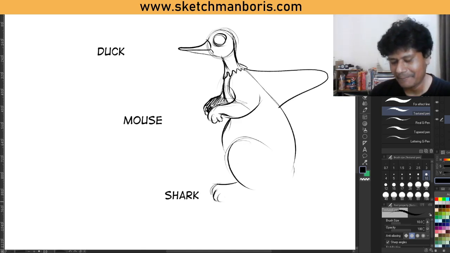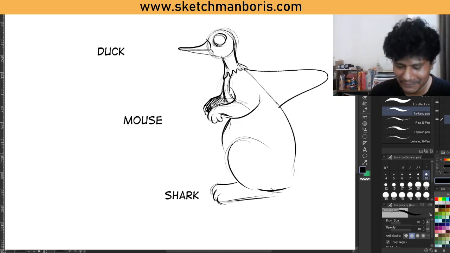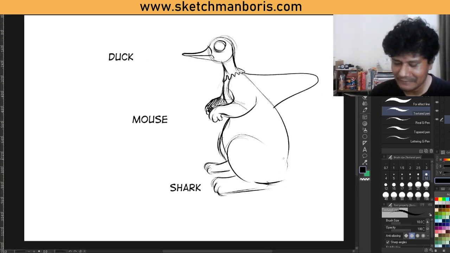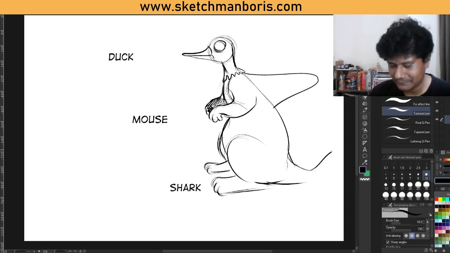I think my education on animal anatomy comes more from cartoons than real life. And that's what we need for this, because we're in the fantasy world. So we don't need to be a concept artist to do this. All you need is to trust yourself.